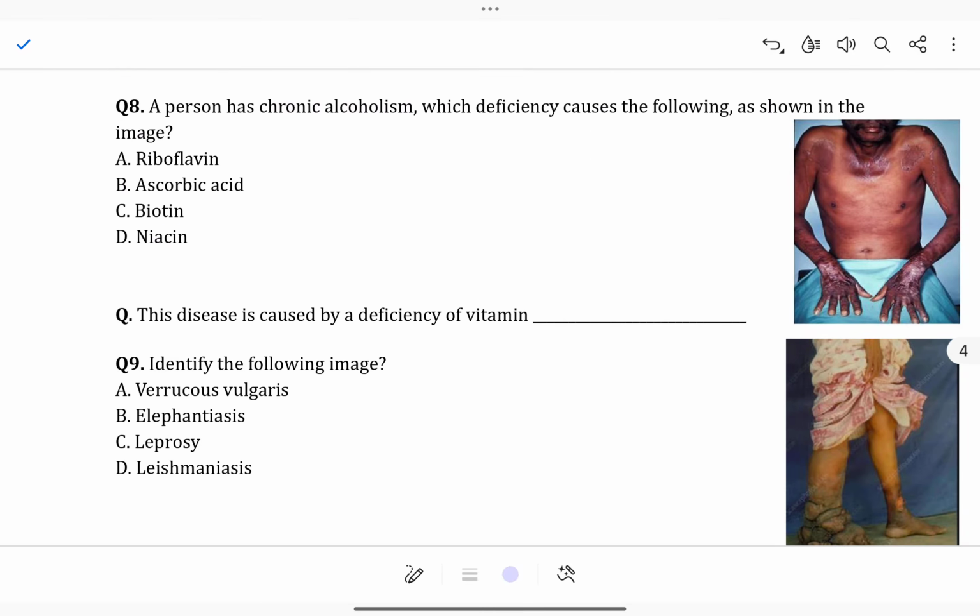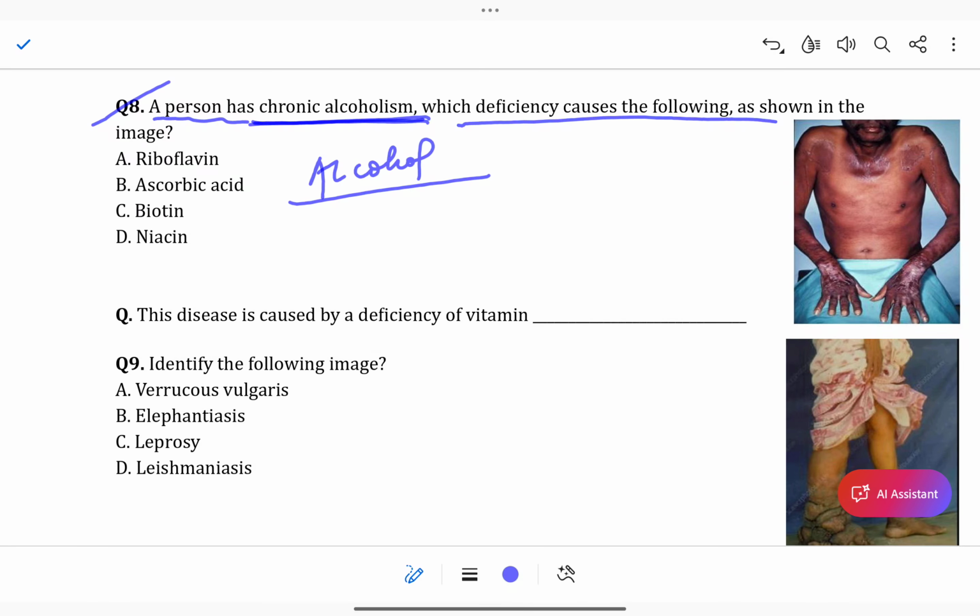Come to question number 8. This is a very important question. Every year, most of the time, the MCI asks this question in the FMGE exam. A person has chronic alcoholism. He is a heavy drinker, drinks too much alcohol. Which deficiency causes the disease shown in the image?